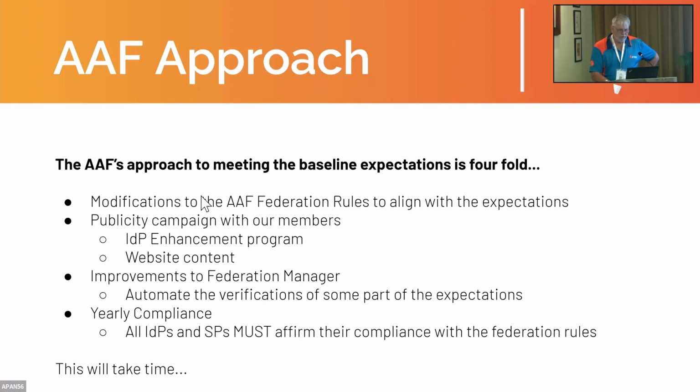So our approach has been modifying the AF rules to align with the baseline expectations, and a publicity campaign with our members. So we've got an enhancement program that's sort of leading the charge with the one-on-one meetings. And it's interesting going to these one-on-one meetings because we find out a whole lot of information about our IDPs when we go and visit them face-to-face rather than doing it on Zoom.